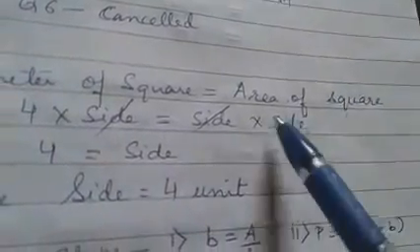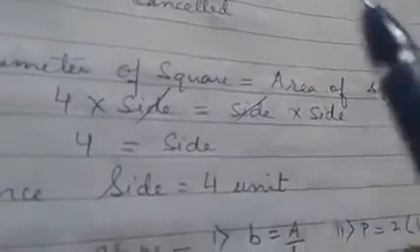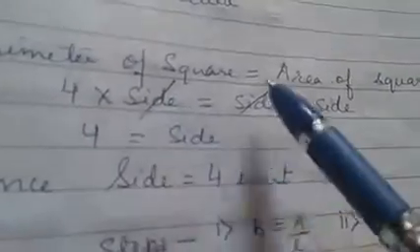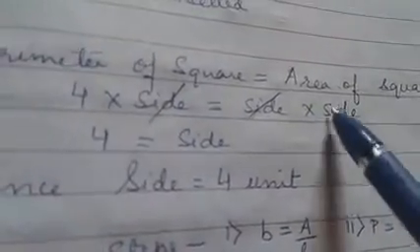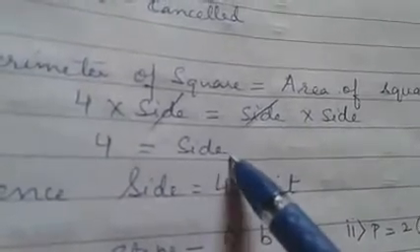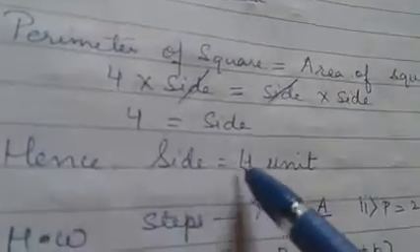Of course, we are talking here about a square only, so don't get confused. Side with side gets cancelled. What is left here is 4 on the right hand side. So we say that hence side is equal to 4 unit.